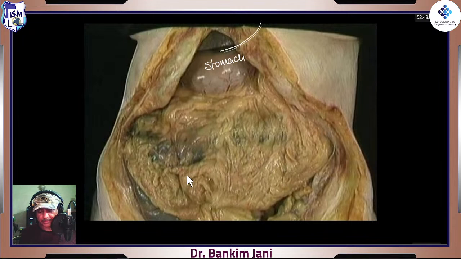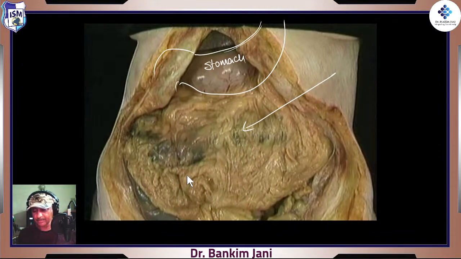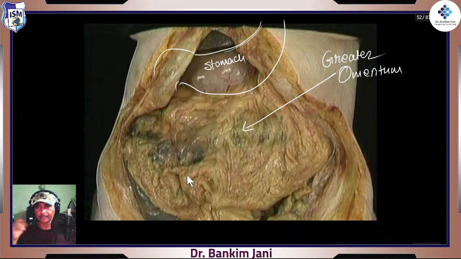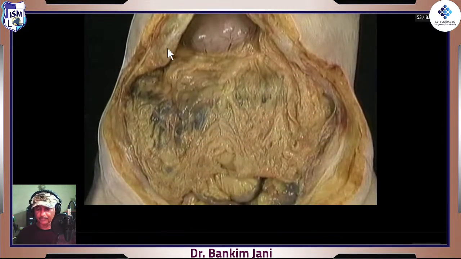When the stomach is like this, and it would be like this, this is the greater curvature, and all this entire thing is nothing but the greater omentum. It is the greater omentum, right? Let's remove it. Fine, right? Greater omentum.